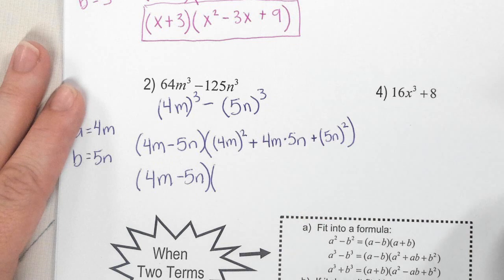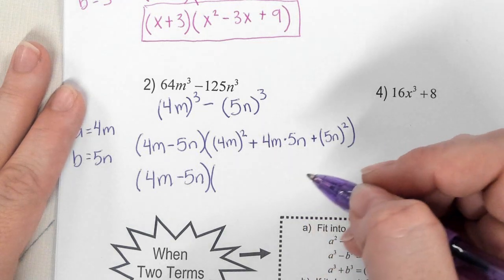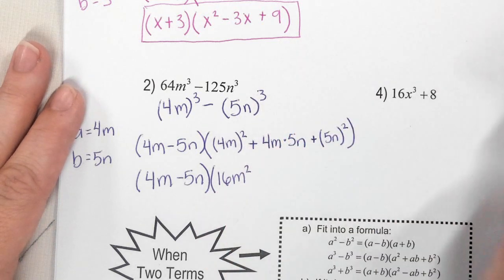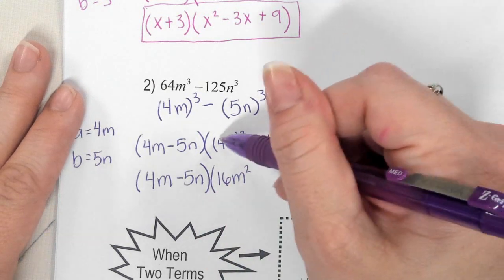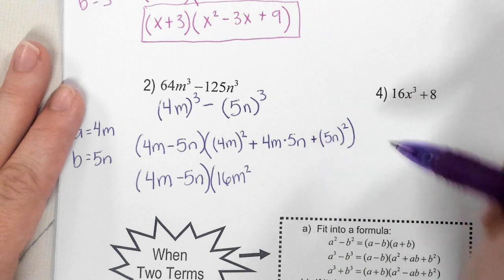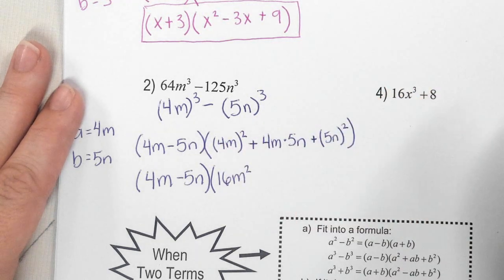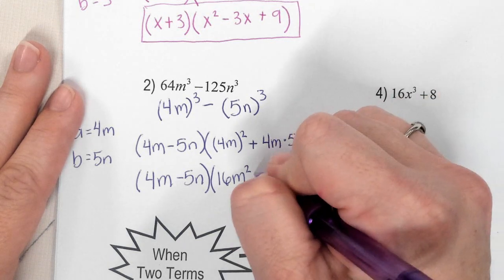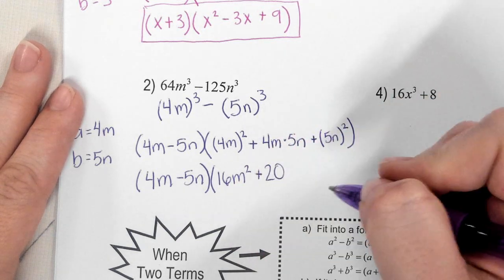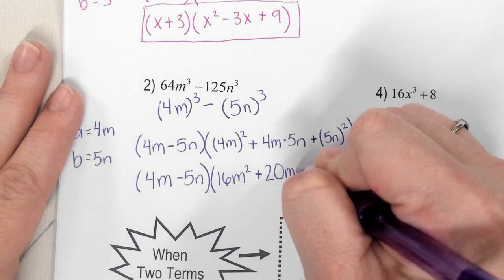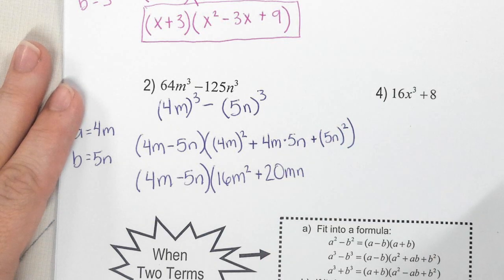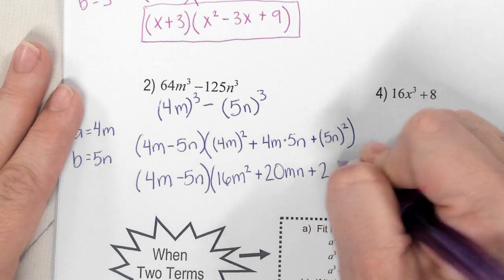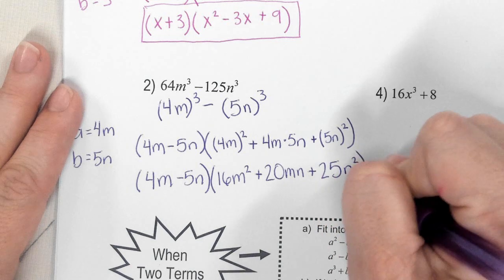So what's 4 squared? 16. And then m squared is just m squared. So that's where a lot of people make a mistake, which is why I do this step. Okay? A lot of people will write 4m squared and move on. That's not the answer. Okay? It's 16m squared. What's 4 times 5? And then you write your letters in alphabetical order, so m, n, plus, what's 5 squared? And then n squared.